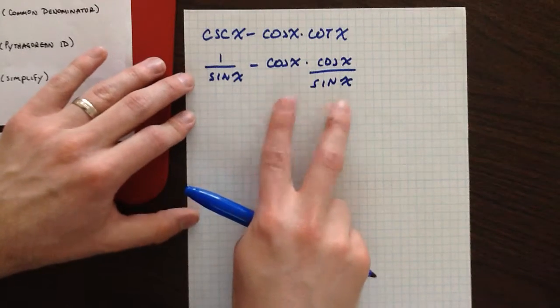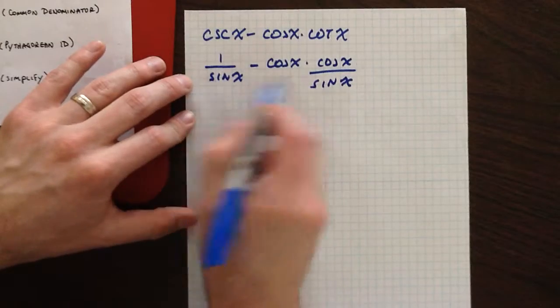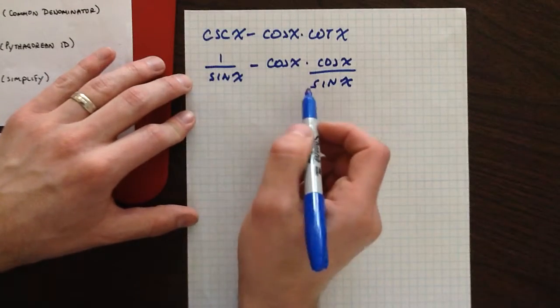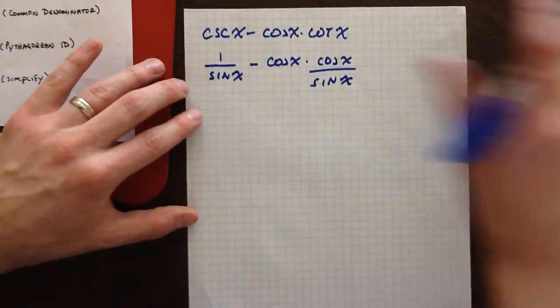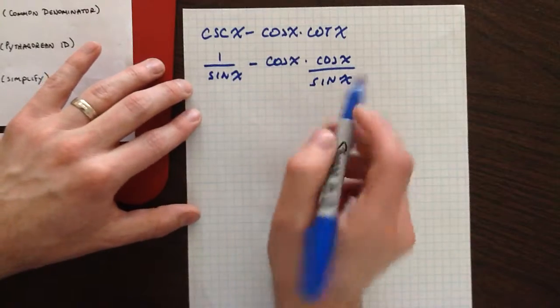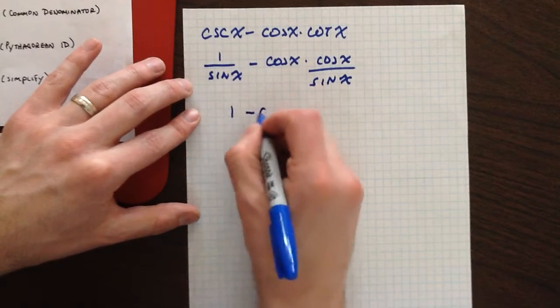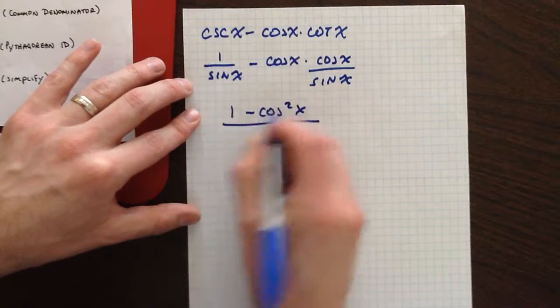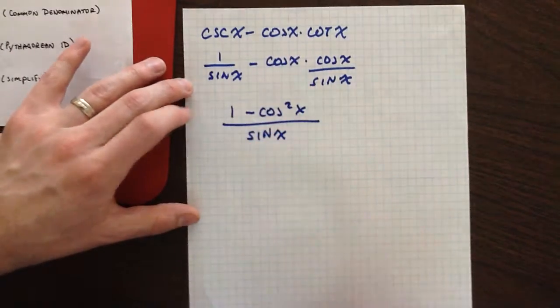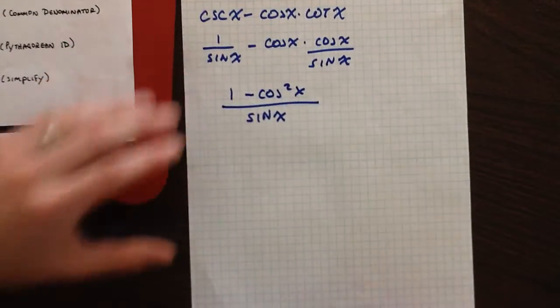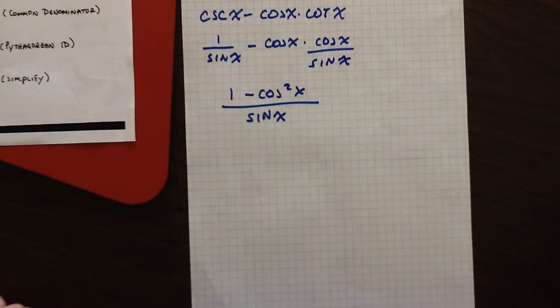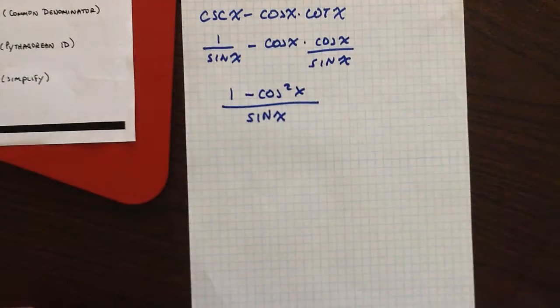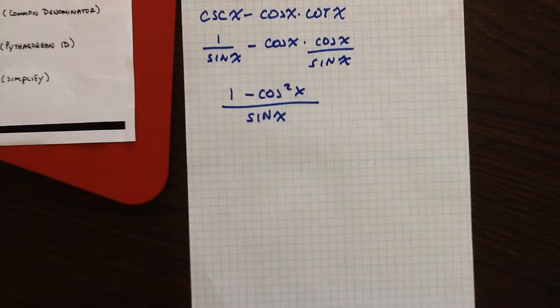Well, that we can combine. We've already got a common denominator. That gives us 1 minus cosine squared over sine. To me, that looks nice.